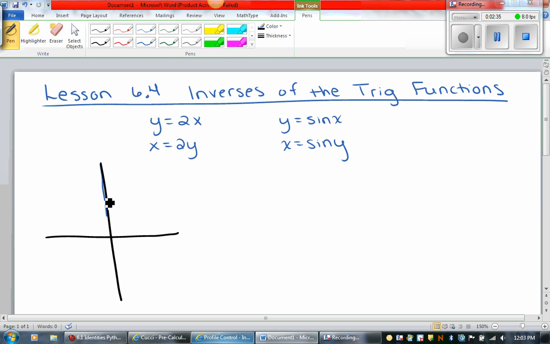Since our domain and range are trading places, those values also are going to be trading places. So along my y-axis, I'm going to have pi over 2, pi, 3 pi over 2, and 2 pi. And same thing if I go down to my negative y.